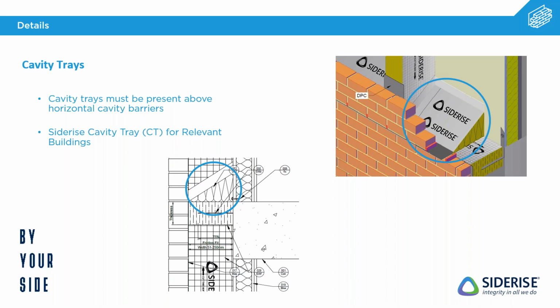But it's something that then complies with Regulation 7, and obviously is far more compatible with cavity barriers or our products sometimes than some of the other offers out there.